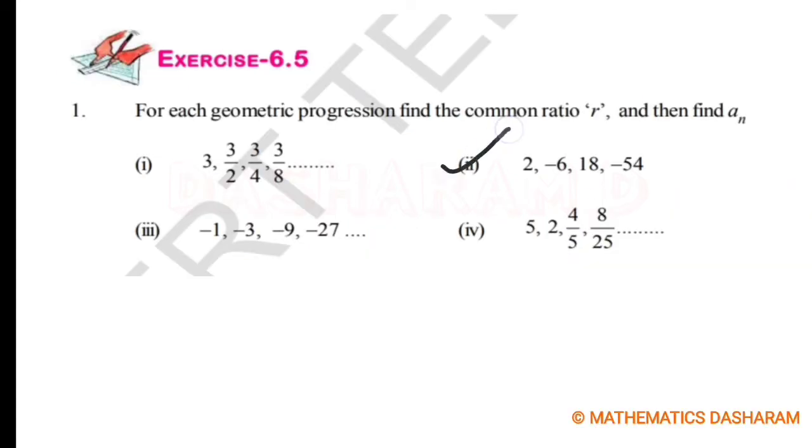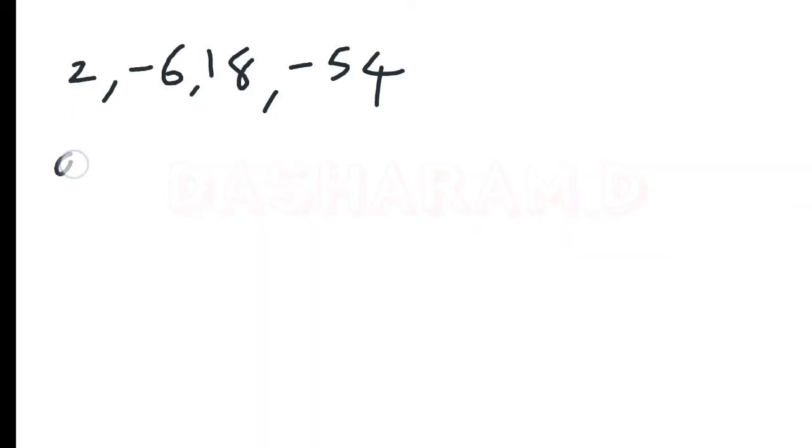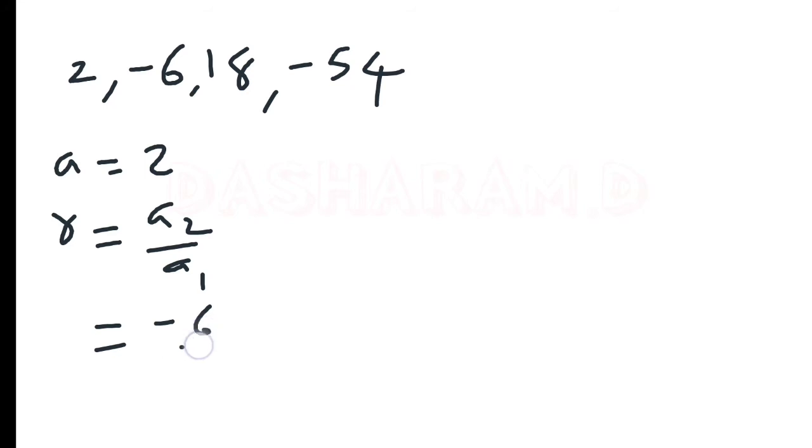Next is the second question: 2, minus 6, 18, minus 54. Here it is an infinite geometric progression. So let's find the common ratio. The first term is a equals 2 and common ratio r equals a2 divided by a1. The a2 value is minus 6 and the a1 value is 2. So it equals minus 3.